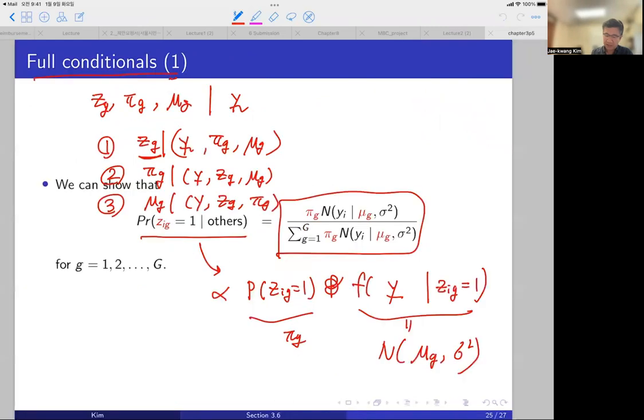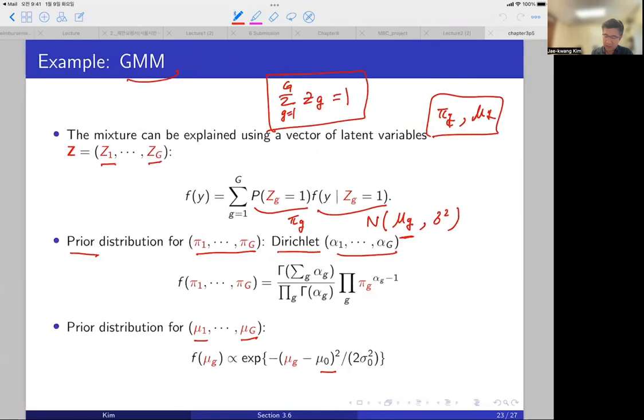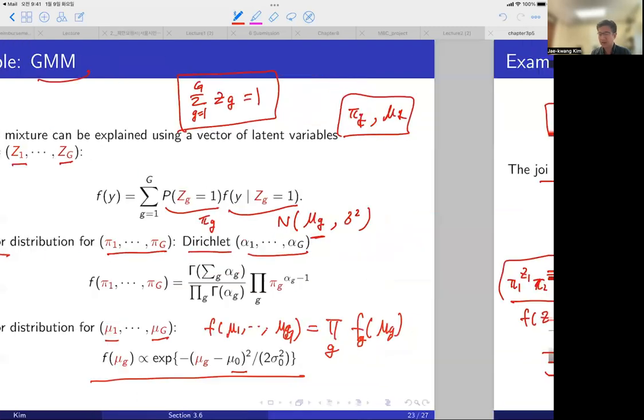So that is the prior here, right? And actually the prior is a product over g of each one, and each one has the same form, right?